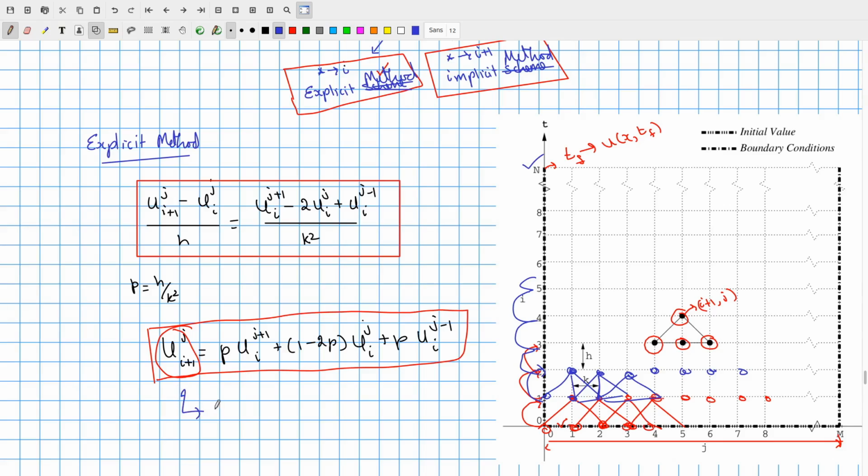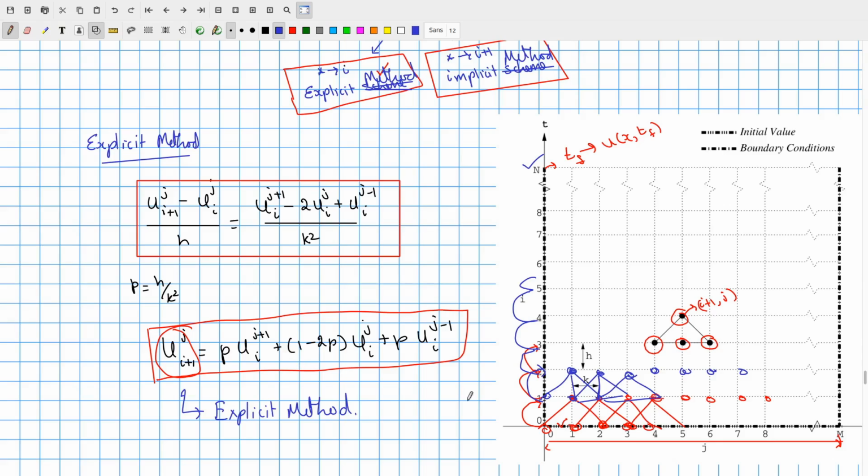So this is what we call an explicit method. Fine. The problem is that explicit methods are often very unstable.